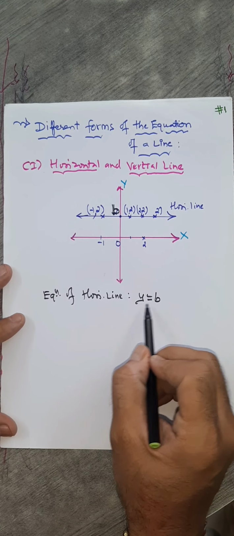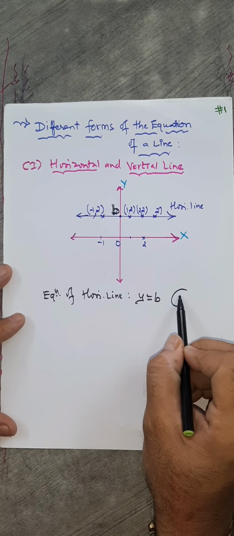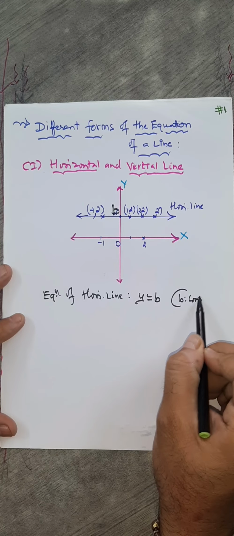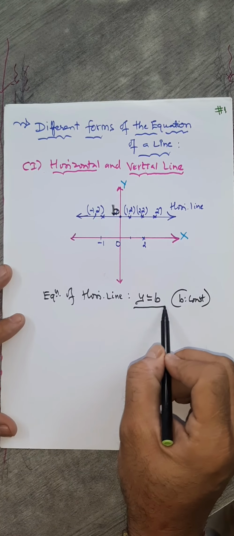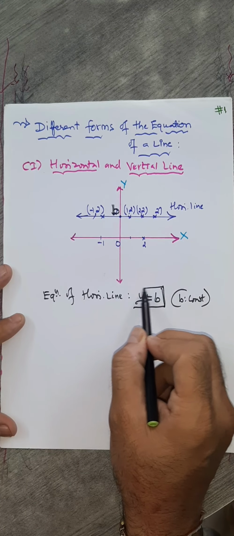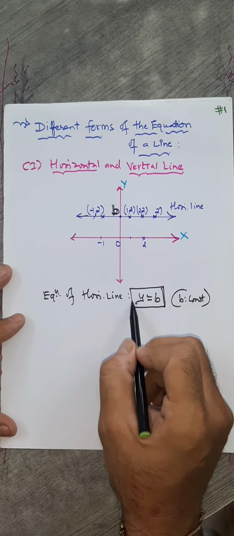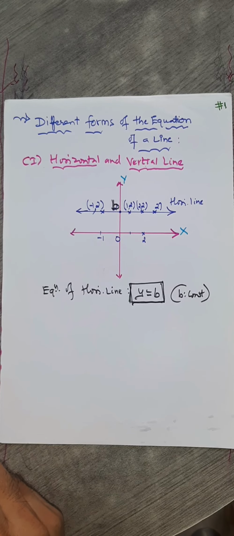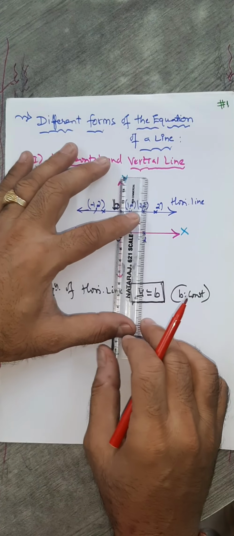So in general it is y equals b, where b means any constant. Y equals constant, that way you can keep it in your mind. This is the equation of the horizontal line.